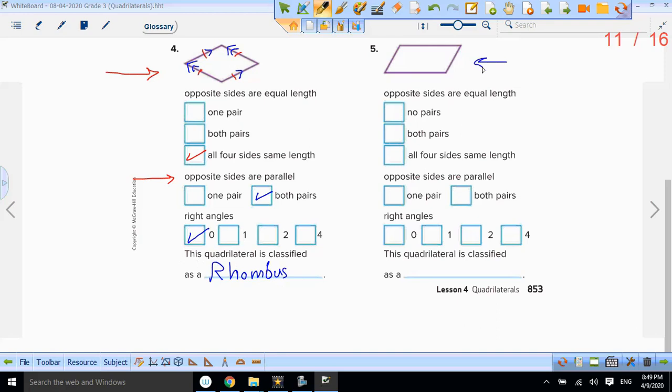For this shape, opposite sides are equal length. You will find these sides with the same length, and also these sides with the same length. So both pairs have the same length. Opposite sides are parallel.